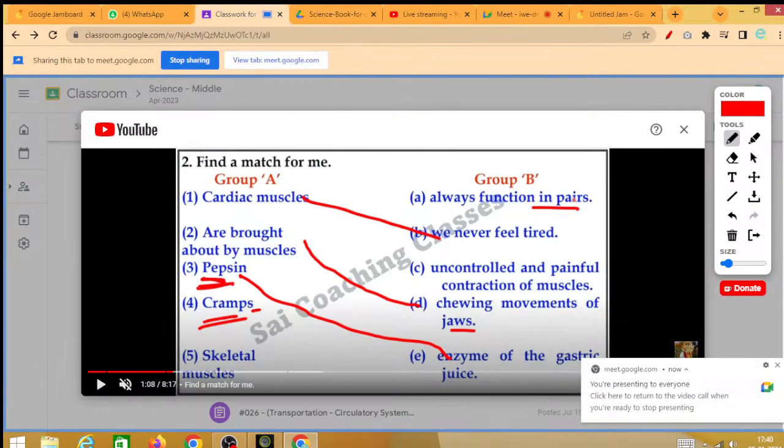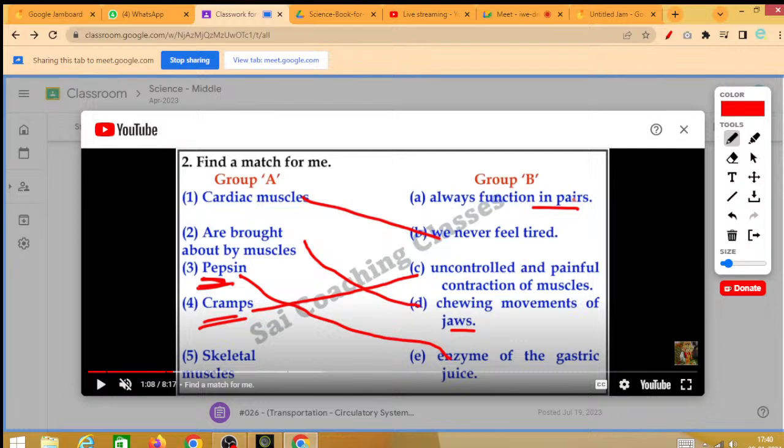So cramps are uncontrolled, so they are involuntary. Mostly cramps occur in the feet and the calf muscles. I used to get a lot of cramps. The calf is the lower part of the leg, so those are the calf muscles.